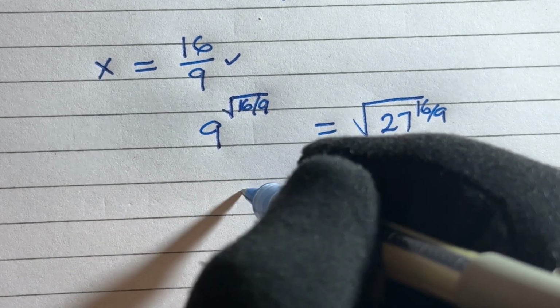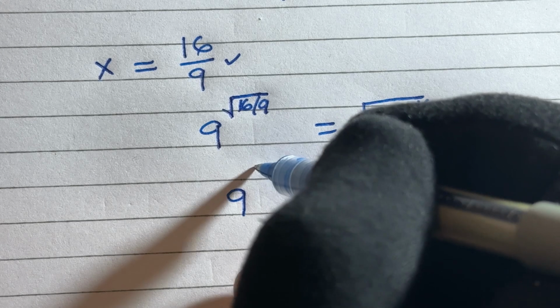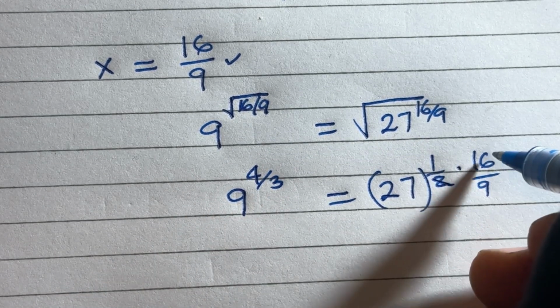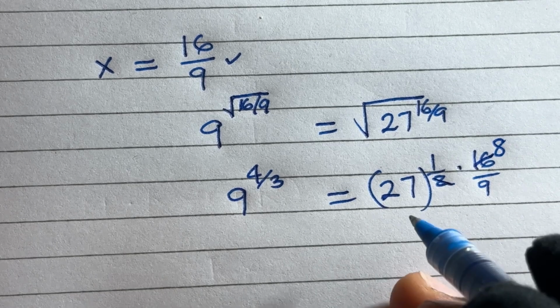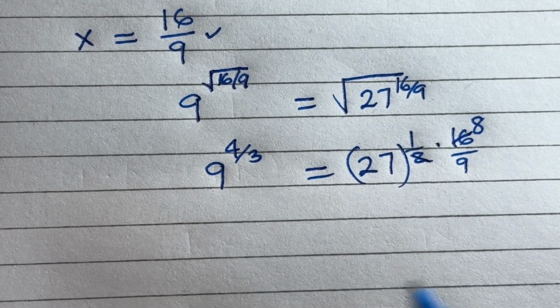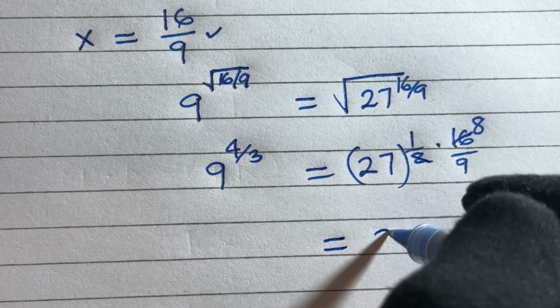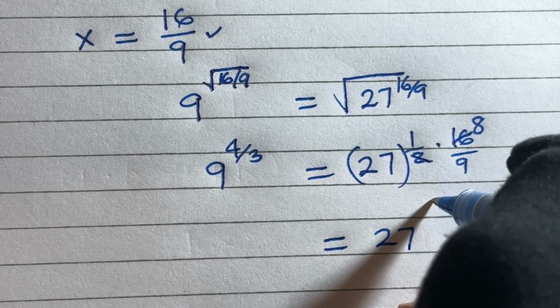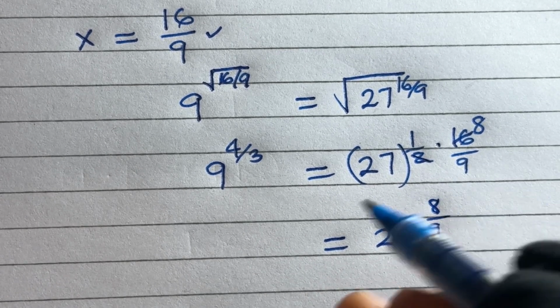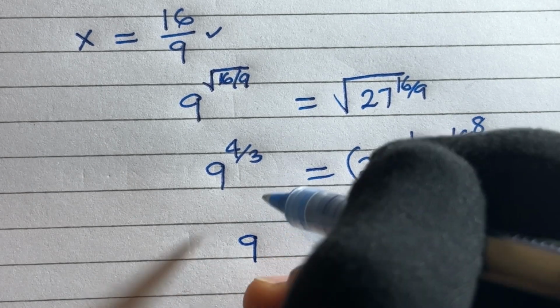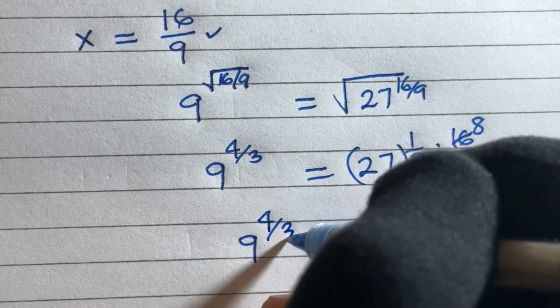So we have 9 raised to power 4 over 3. 2 here is 1 and 2 here is 8. If I rewrite that expression on the right hand side, I have 27 raised to power 8 over 9. On the left hand side, I have 9 raised to power 4 over 3.